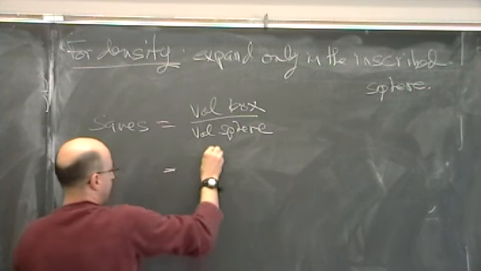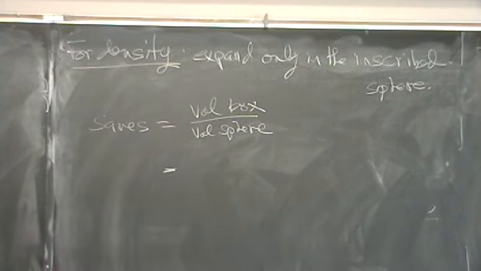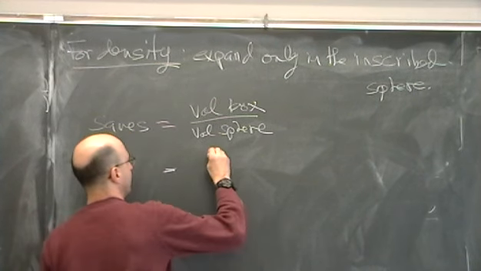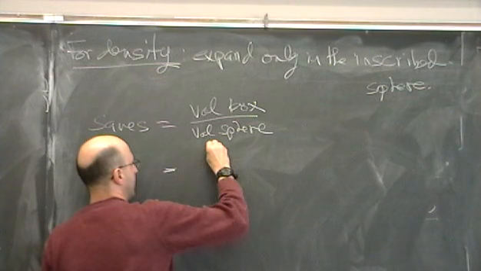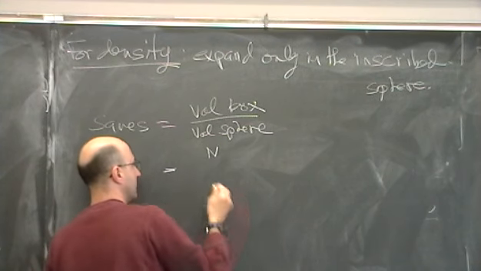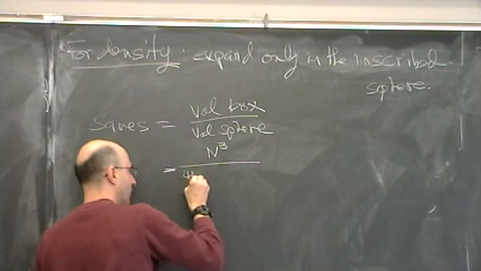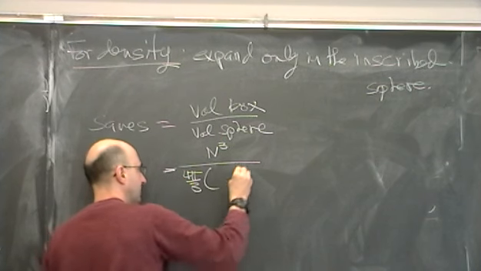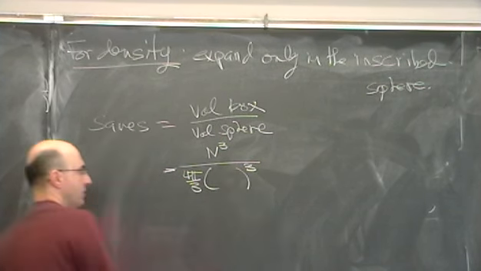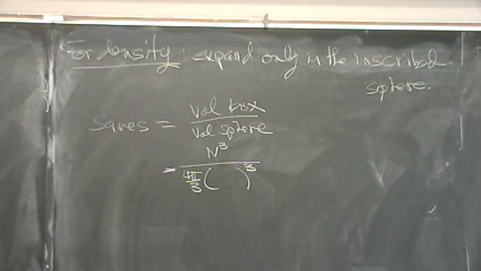And the box had size, well, these dimensions, right? What's the volume of the box? It's N FFT points, right, cubed. And the sphere has volume 4 pi on 3 times the cube of its radius. And the radius we're taking is n over 2.